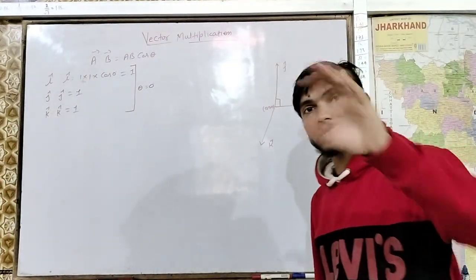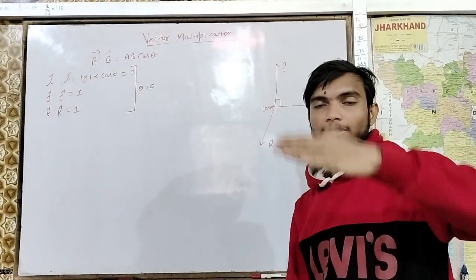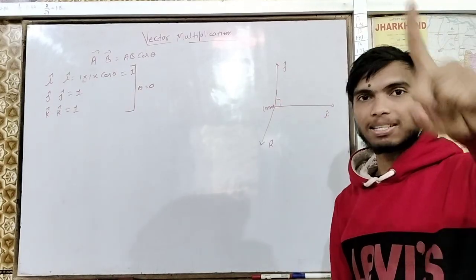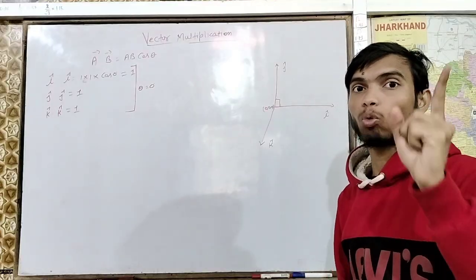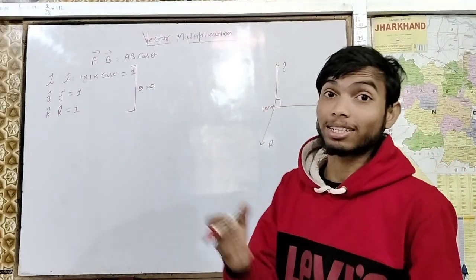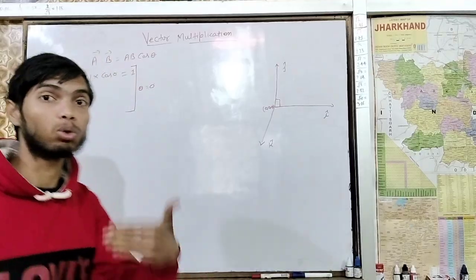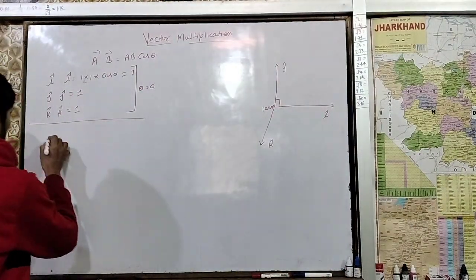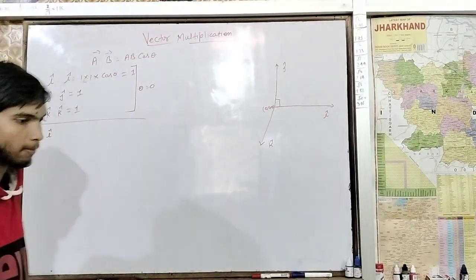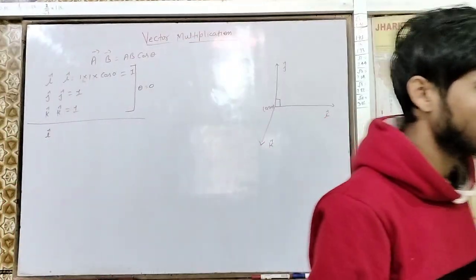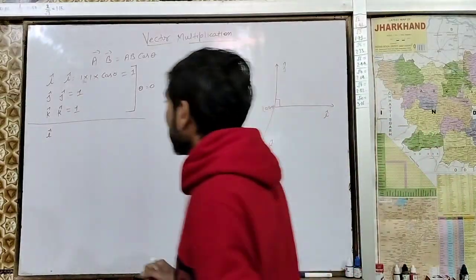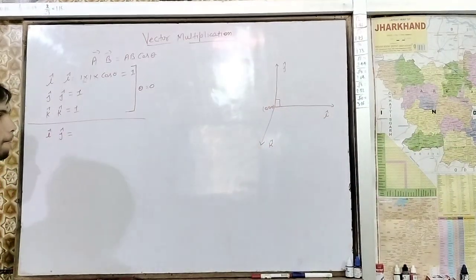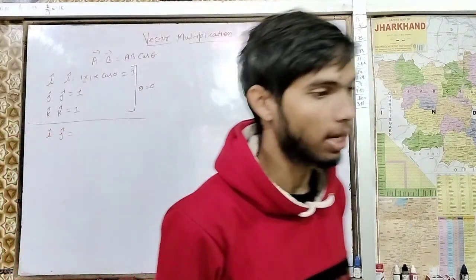But what if theta is 90 degrees? One vector is parallel to another vector? No, this is incorrect. One vector is perpendicular to another vector. In that case, what is going to be our result after multiplying those two vectors? Let's take i cap and j cap.